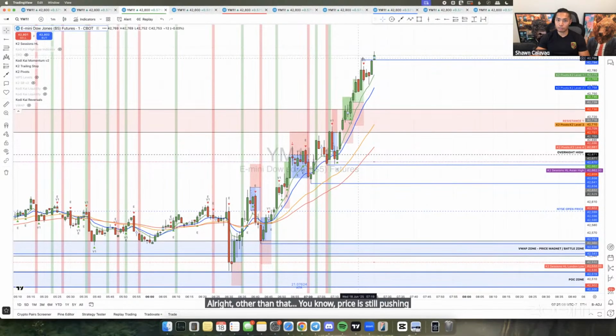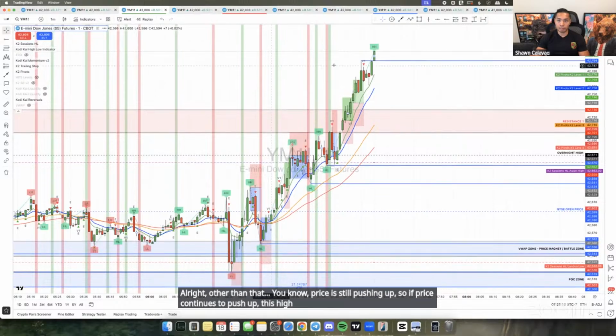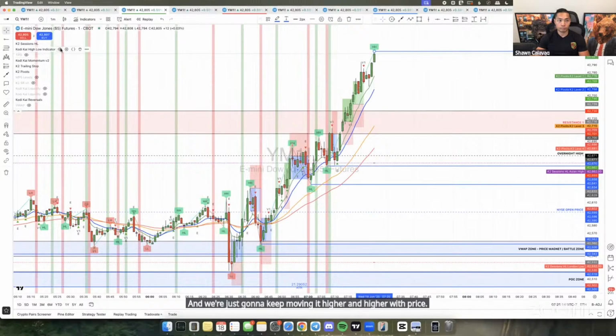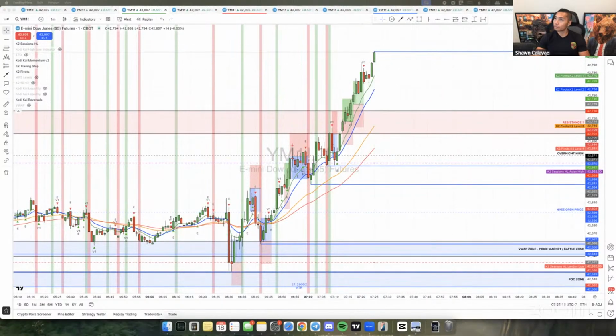So if price continues to push up, this high is not going to be established, and we're just going to keep moving it higher and higher with price. We'll see.